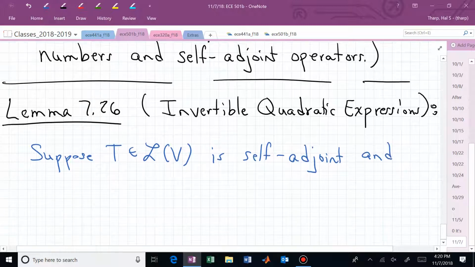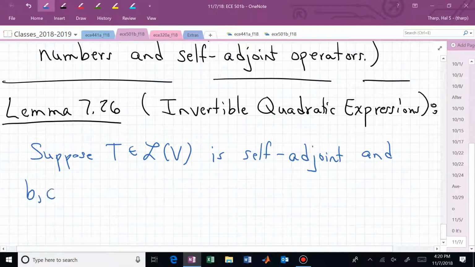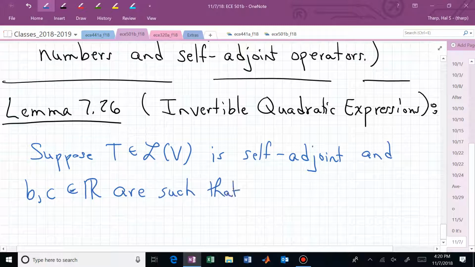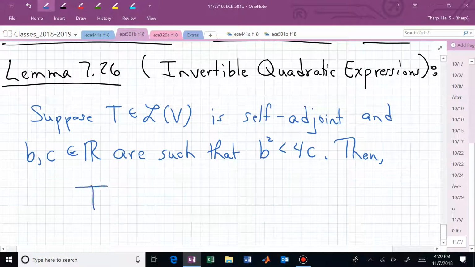And B and C are both real and are such that B squared is less than 4C. Then this quadratic expression T squared plus BT plus CI is invertible.